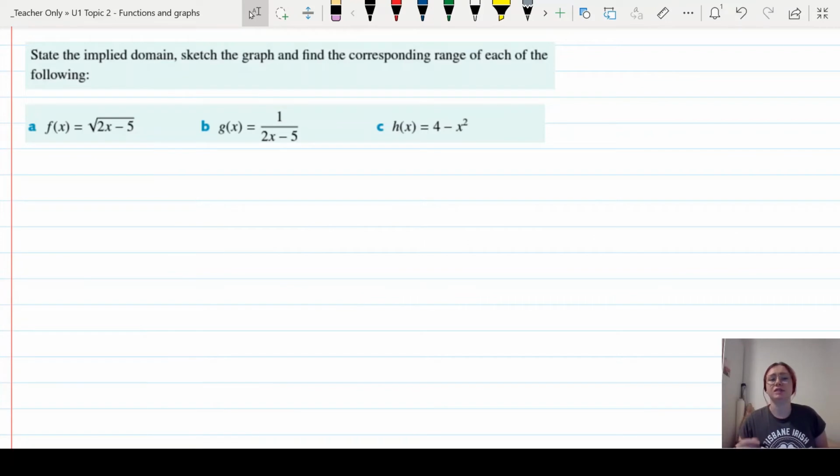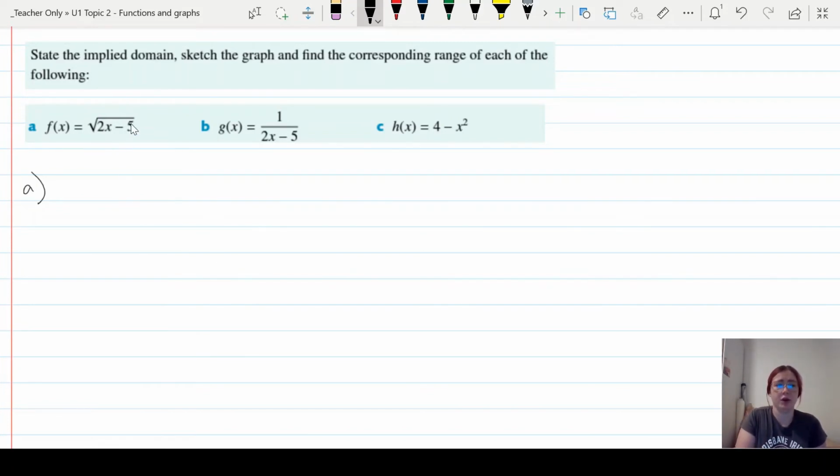But you should still be able to state the implied domain of quite a lot of these just by using your common sense. So for example, part A, this is a kind of graph you haven't really seen up till now, but we know the rules of maths: for it to be a real number, you can't take the square root of a negative number.